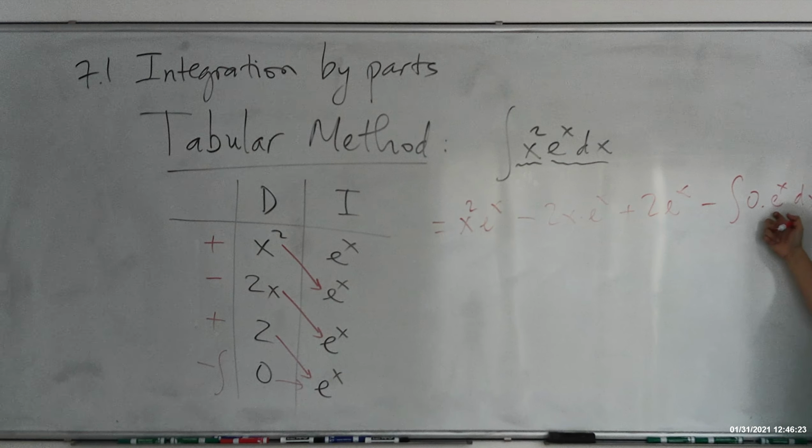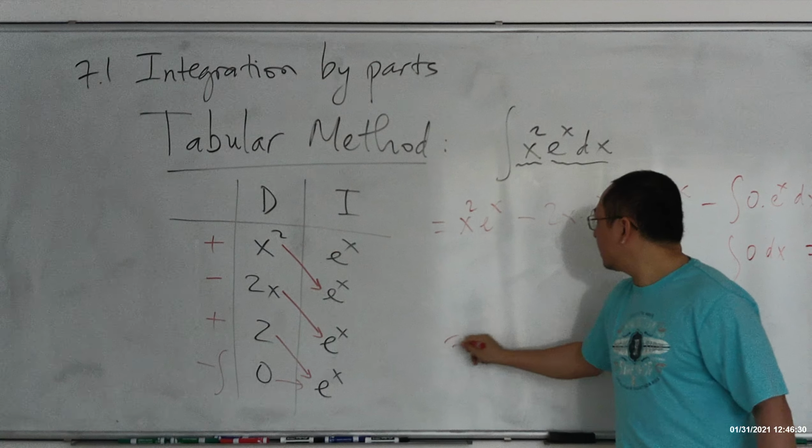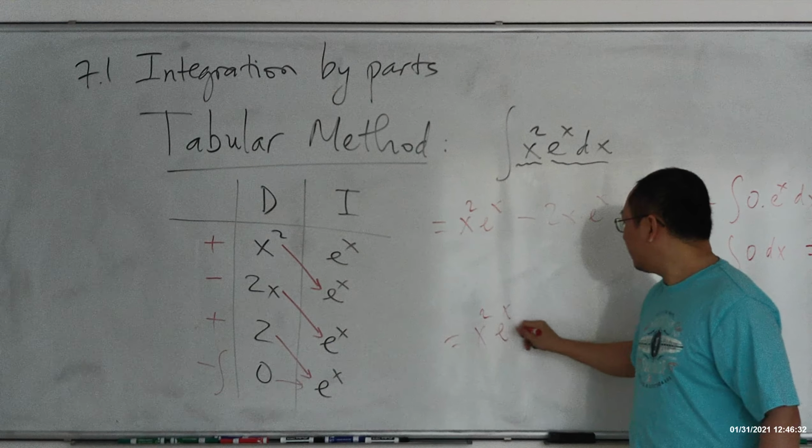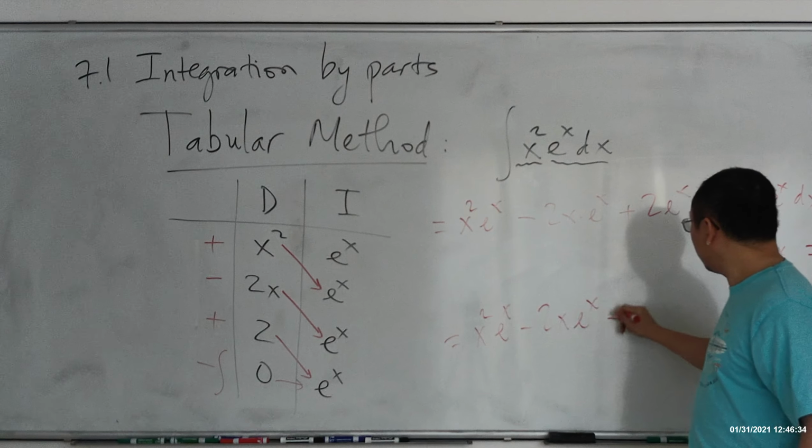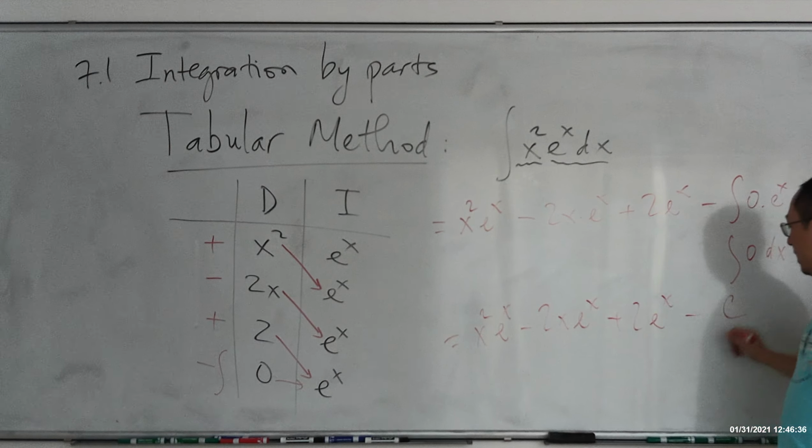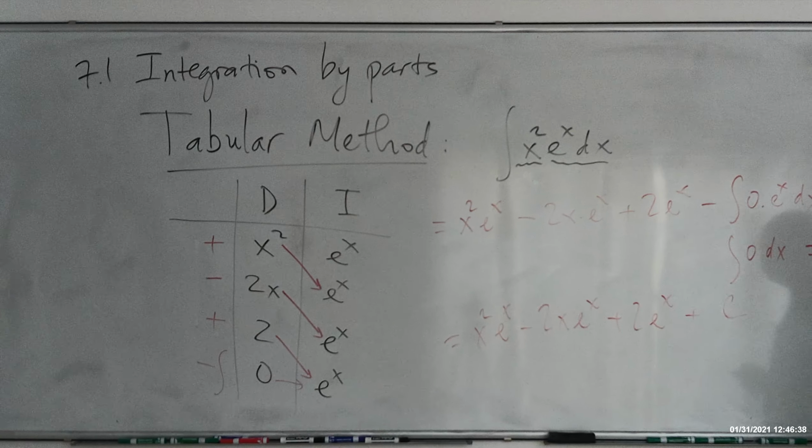And 0 times e to the x is 0. This is the integral of 0 dx, which is c. So the answer is really x squared e to the x minus 2x e to the x plus 2 e to the x minus c, or you can write plus c. Either way.